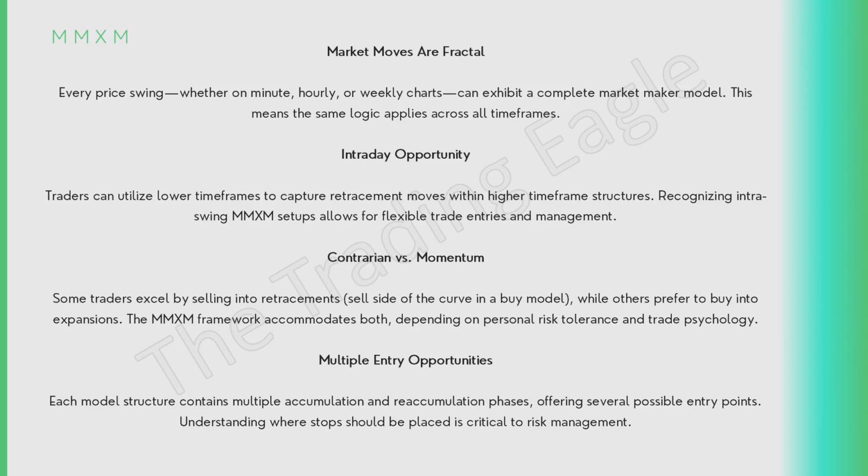Each model structure has multiple accumulation and reaccumulation phases, offering several possible entry points. And you must understand where stops should be placed. This is critical for risk management. All right.